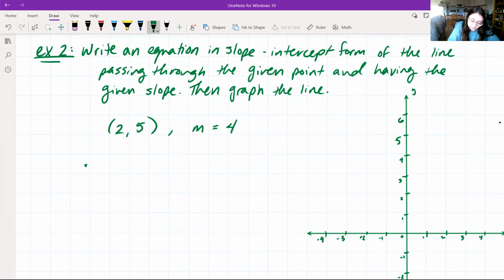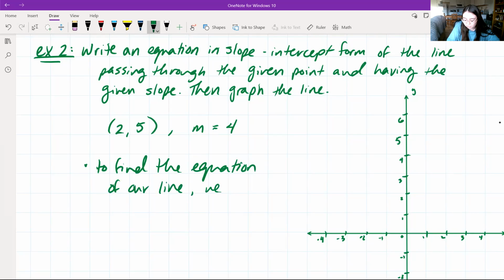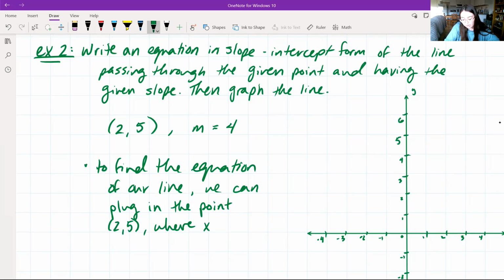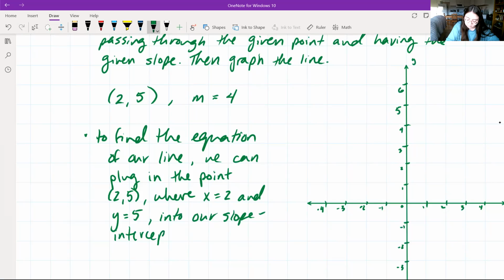So what we can do to find the equation of our line is plug in the point (2, 5), where now x is equal to 2 and y is equal to 5, into our slope-intercept form to solve for b.